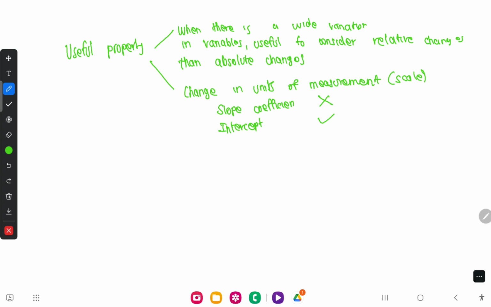So if I give an example, y equals beta naught plus beta 1 ln x plus an error term. Here I'm saying y is expenditure and x is income.